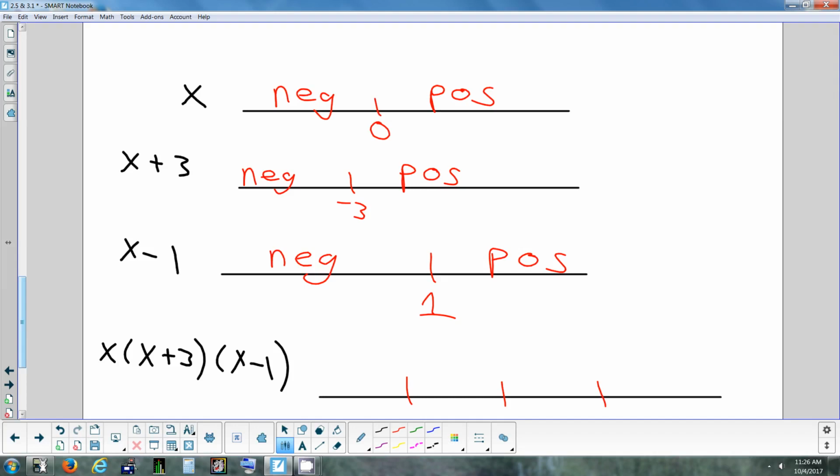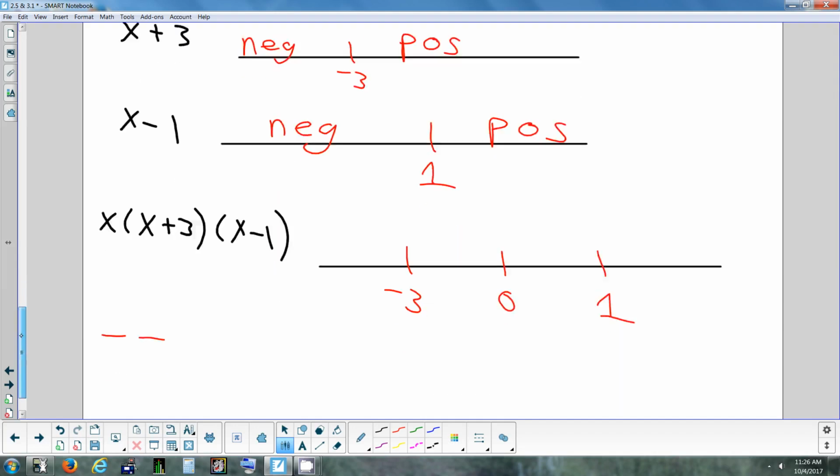Negative. -3 would be over here somewhere. Okay, it'd be in the negative section. So it would be a negative. And what's the result if you multiply that together? Negative times negative times negative is a negative. Now, what should the next section be? Positive. We'll check that. But then after that, we'll just go with the pattern.